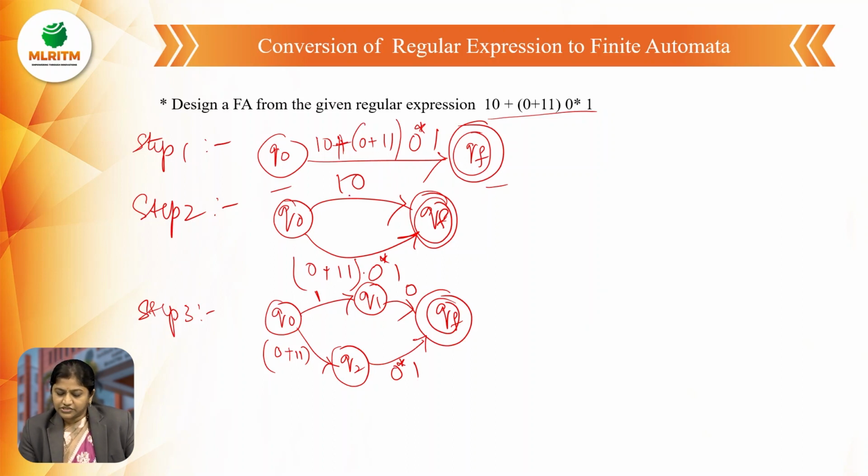See here, this 10 I have split into Q0, Q1, QF; with input 1 and 0 it is reaching QF. And 0 + 11 0* 1 I have taken through a new state Q2, where 0 + 11 is from Q0 to Q2, and Q2 to QF is 0* 1. Next step, we can split this further; here I'll draw.